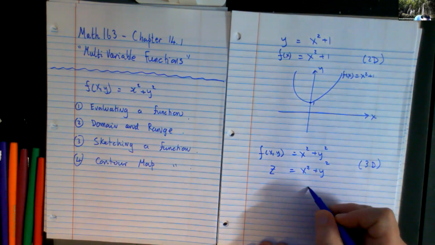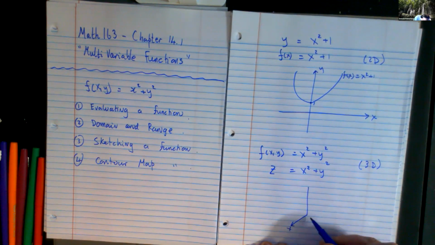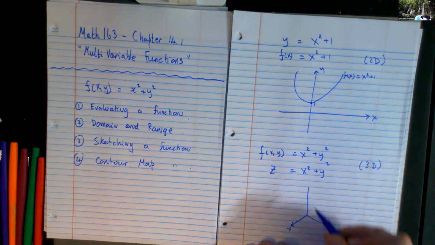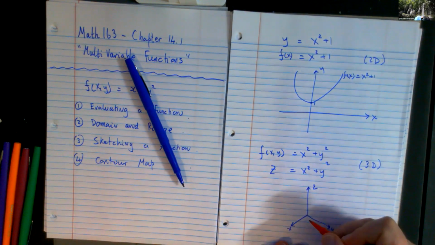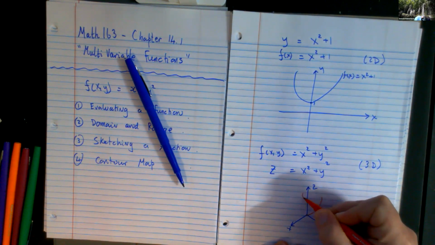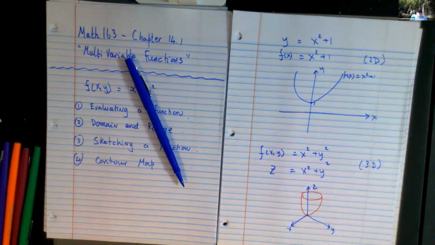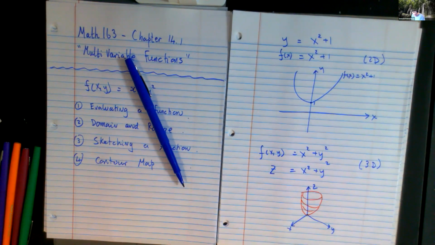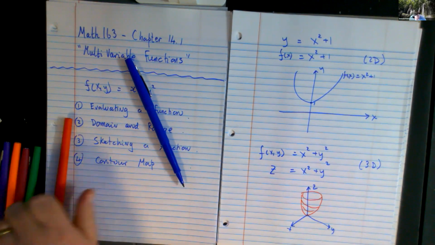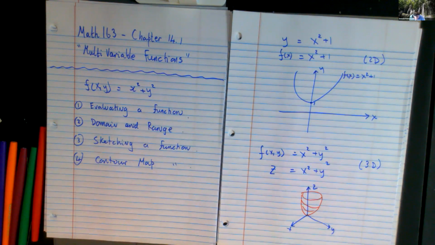Now, if you try and sketch it, it looks something like that, right? Kind of draw little curvy lines, trying. Not the easiest thing to draw on 2D paper, but we have software that allows us to do it, and we'll be actually using quite a lot of software today.